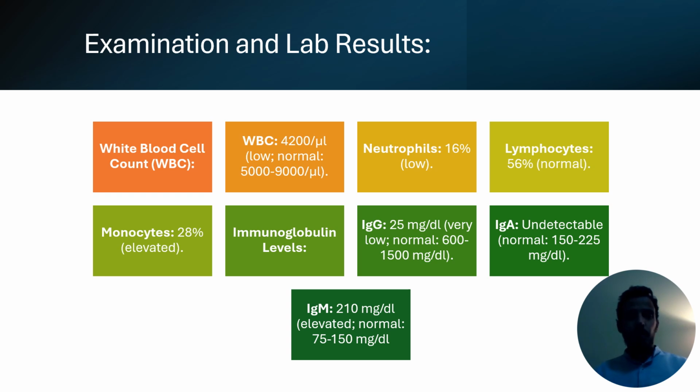As I mentioned before, white blood cells are low, including neutrophils, lymphocytes are within normal range, and monocytes are elevated. In addition, immunoglobulin levels reveal significant findings, including IgG, which is low, and IgA, which is undetectable, indicating a potential issue with mucosal immunity.